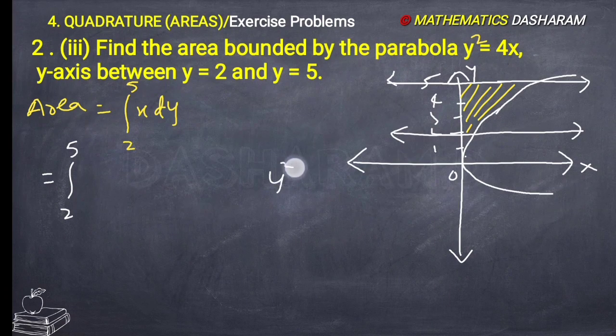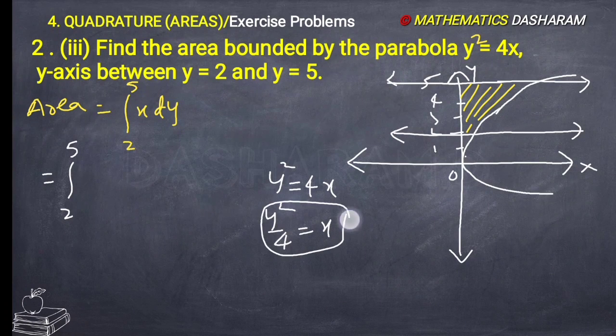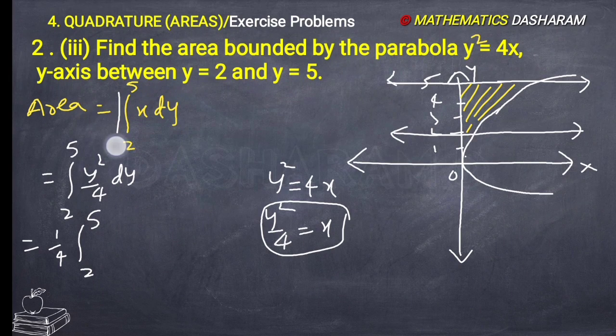Actually the given curve is y square equals 4x. From this, y square by 4 equals x. So then y square by 4 dy. Now 1 by 4 is a constant. Integration from 2 to 5, here we can apply the mod symbol, of y square dy.